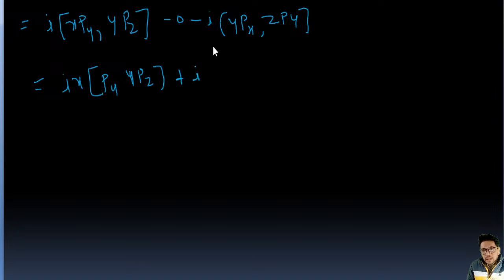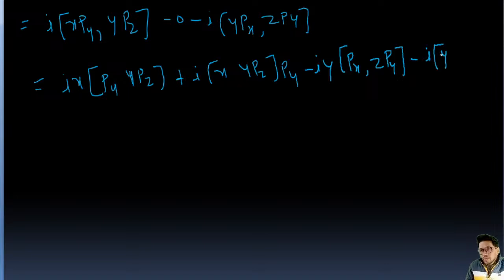Plus iota x ypz py outside, minus iota ypx zpy.